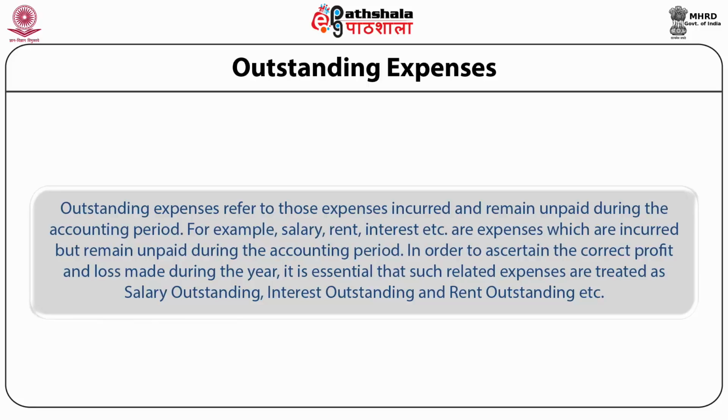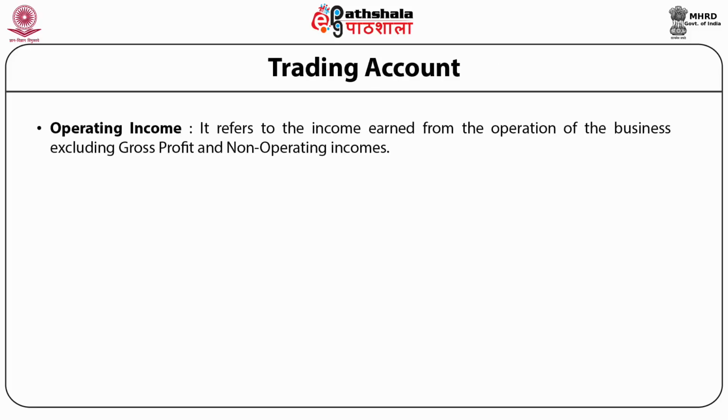In order to ascertain the correct profit and loss made during the year, it is essential that such related expenses are treated as salary outstanding, interest outstanding, and rent outstanding, etc. Operating income. It refers to the income earned from the operation of the business excluding gross profit and non-operating incomes.